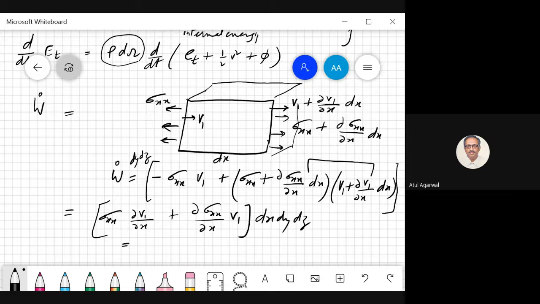So the entire thing you can write as sigma xx V1 comma del x into volume. Dx dy dz is nothing but the volume of the element. If you just take the derivative of sigma xx V1 with x, you get the derivative of sigma xx with x into V1 plus sigma xx del V1 by del x. Is it all right? Yes.